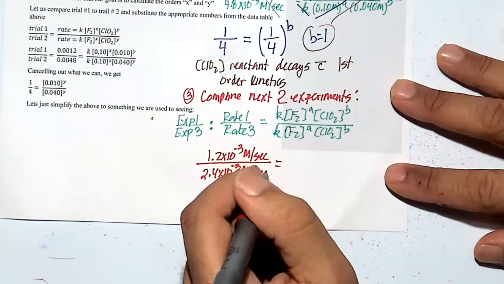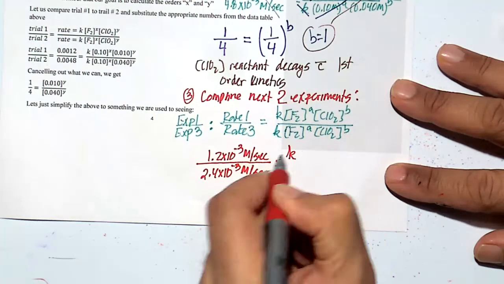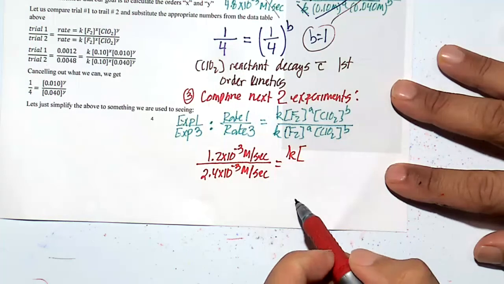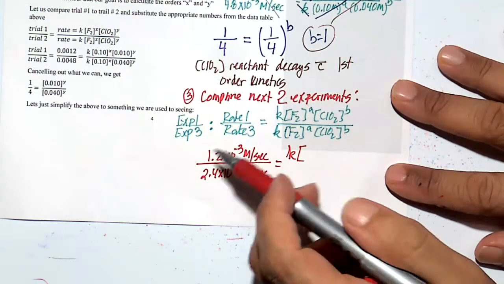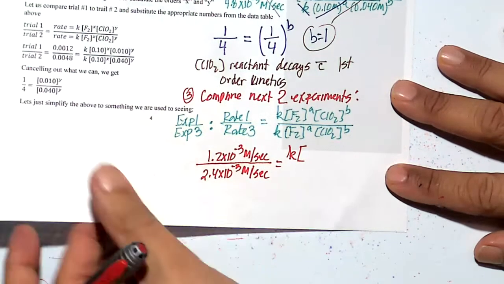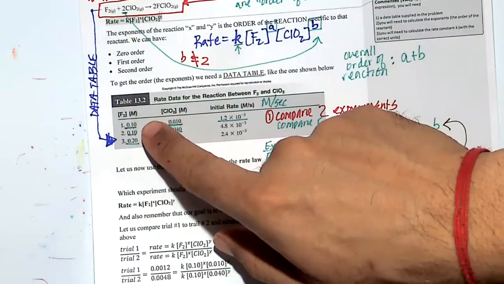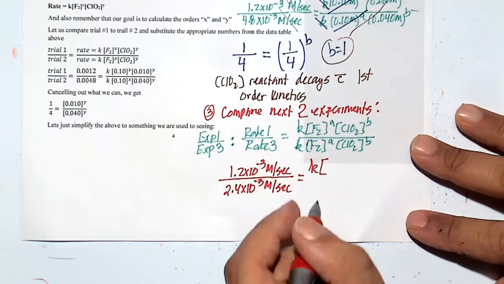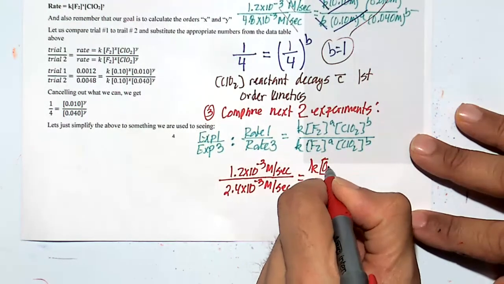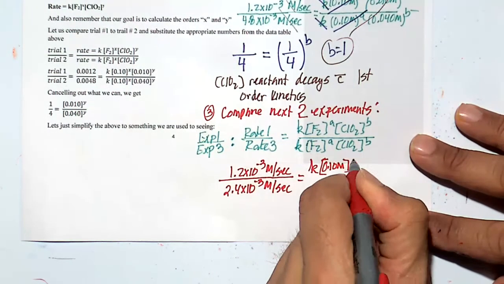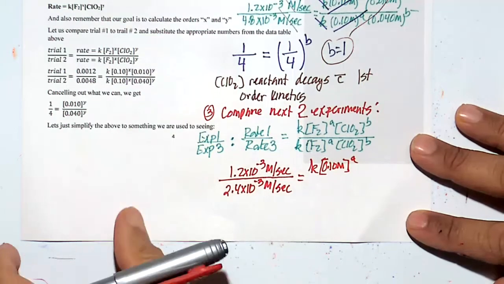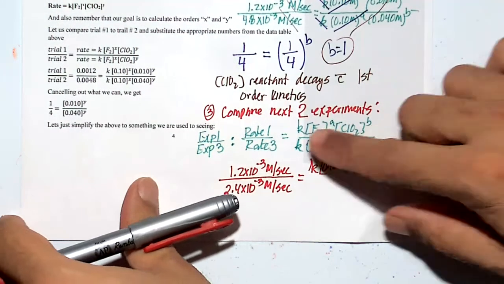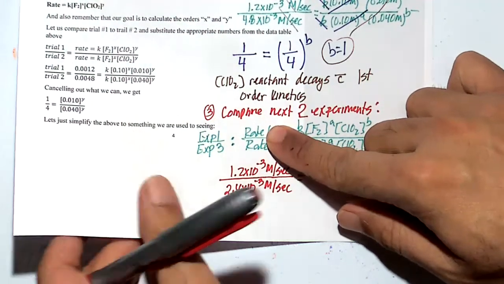Equals lowercase k. What's F2 for experiment 1? F2 for experiment 1 is 0.10 molar raised to the power of A. What's ClO2 for experiment 1?